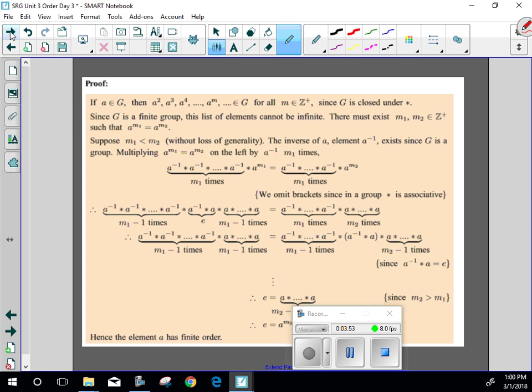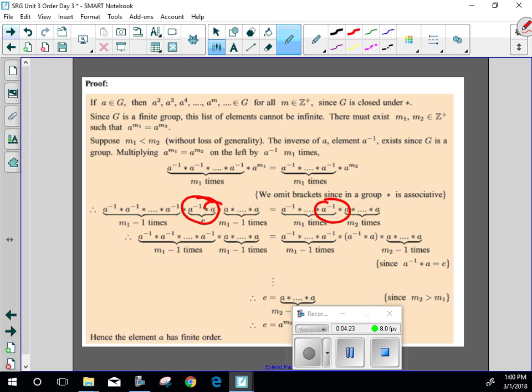So they did a kind of a, I'm not impressed with this proof. It's not very efficient. But what they did is they showed you, what if you showed that a to the m plus 1 equals a to the m plus 2? And I think they're doing this as a counterexample. And then they looked at combining the inverses next to them, and things would cancel out, because a inverse times a makes e.